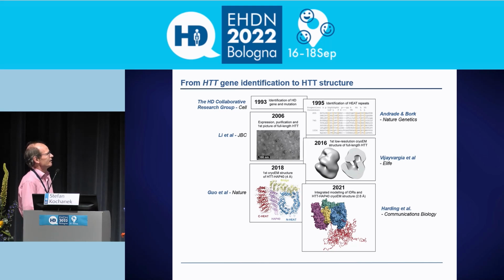In 2018, the structure of full-length Huntingtin together with HAP40, Huntingtin-associated protein 40, was determined at 4 angstrom resolution, and in the last year, even higher resolution at 2.6 by Rachel Harding and colleagues.